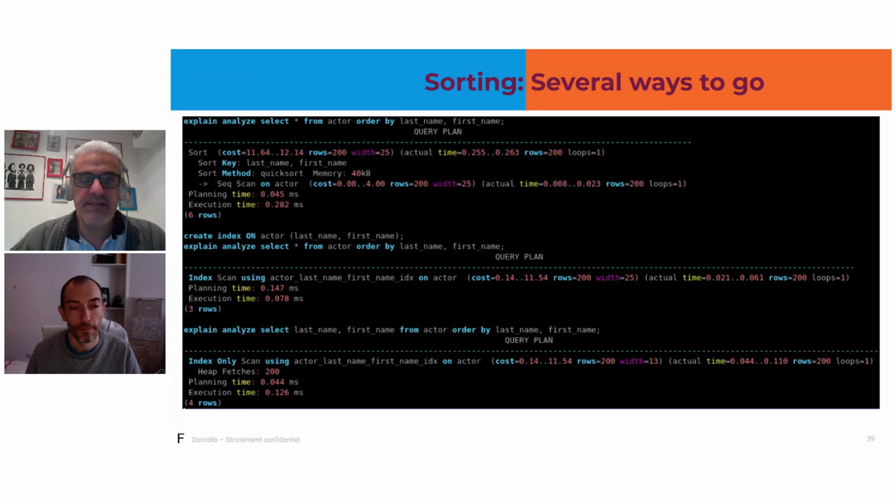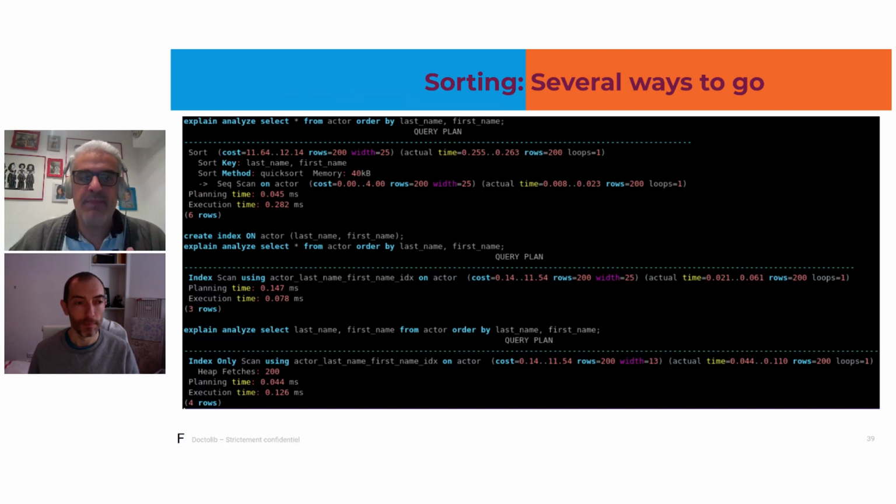And there is a last example. If you look at the query, it's almost the same, but not exactly the same. In the second query, I do a select star from actor. And in the last query, I precisely included just 2 columns, last name and first name. Those 2 columns are exactly the same columns that are present in the index.